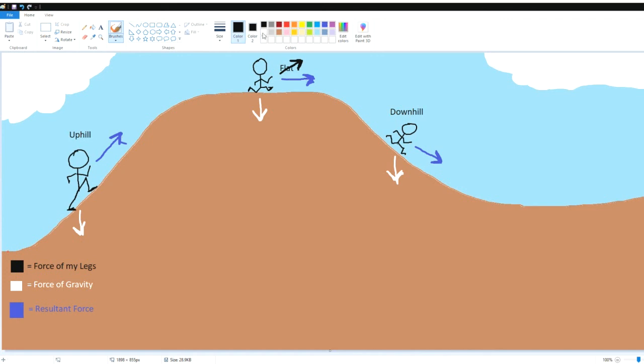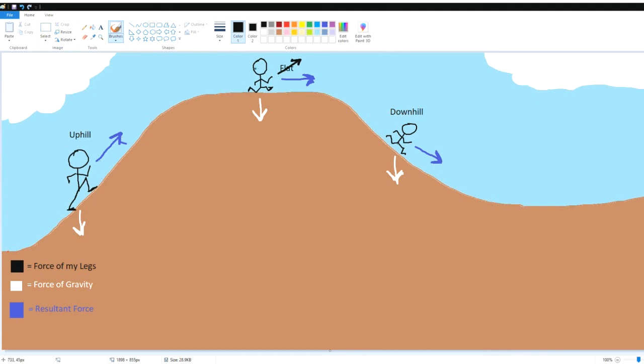If all I did was push to the right with my legs, you can envision, if I push to the right with my legs and gravity's pulling me down, where is my body going to go? It's going to go in a diagonal direction and I'm going to eat some shit, right? So because I don't want to do that, I'm going to instead push diagonally because that's going to give me the direction I want to go.